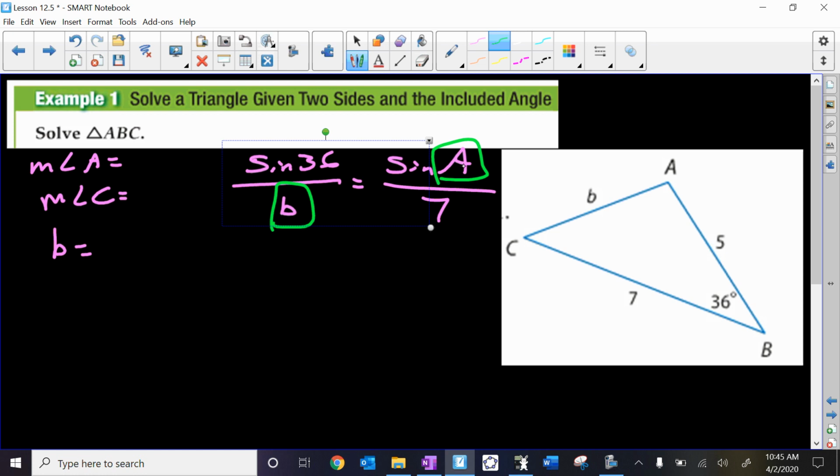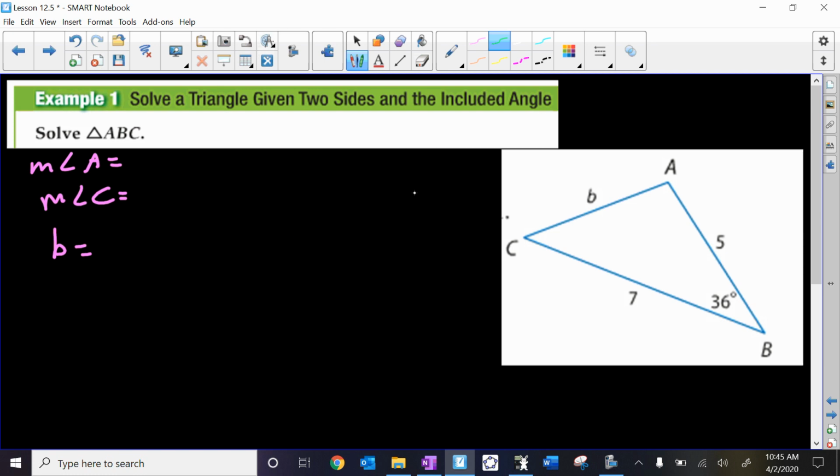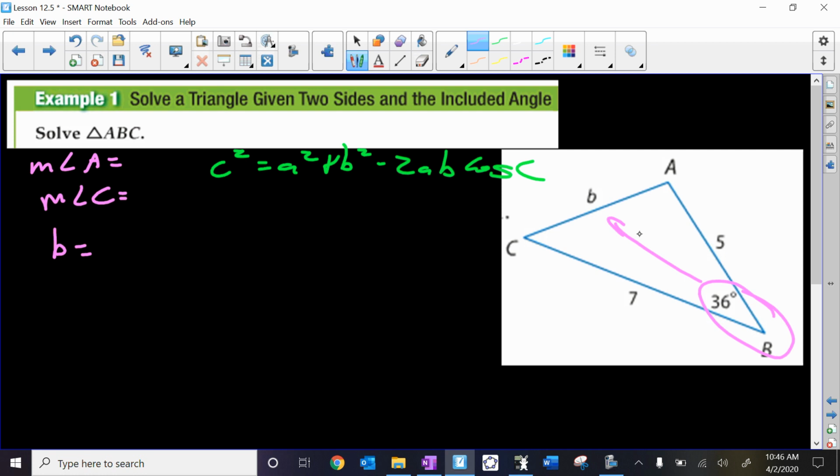So then we turn our attention to using the law of cosines, which states c squared equals a squared plus b squared minus 2ab cosine of c. So I'm going to find the angle measure given to me, which in this case is 36. Side length b goes by itself.